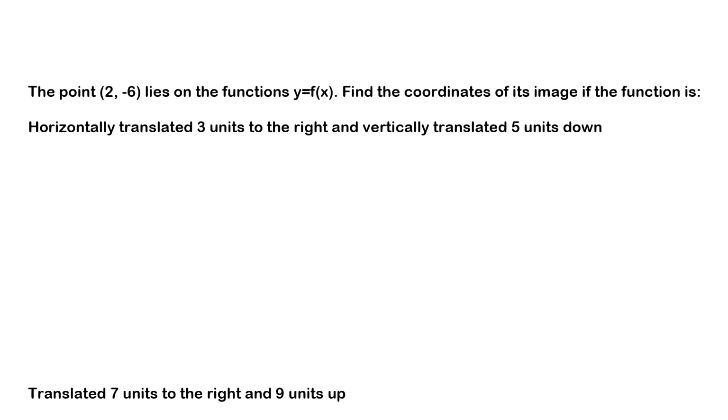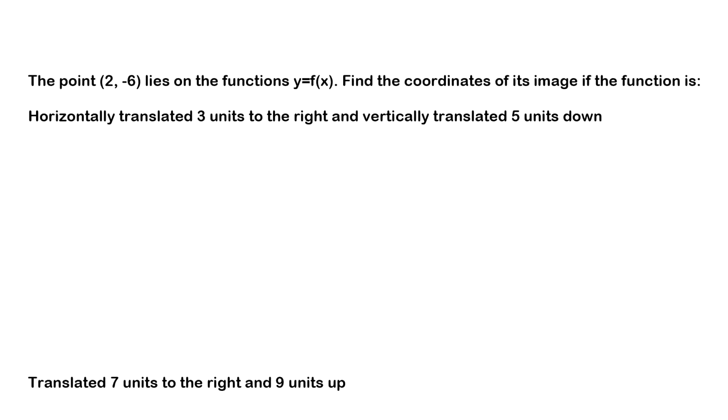We'll now answer a question. So we have the point (2, -6), and it lies on the function y equals f(x). Find the coordinates of the image if the function is horizontally translated 3 units to the right and vertically translated 5 units down. So we start by writing our coordinate, and that is our original.